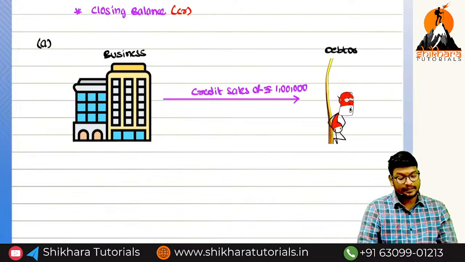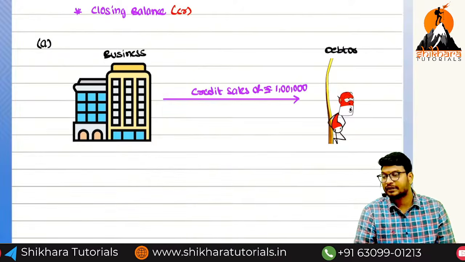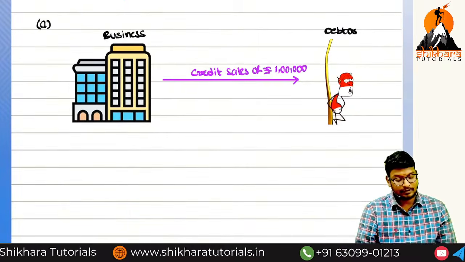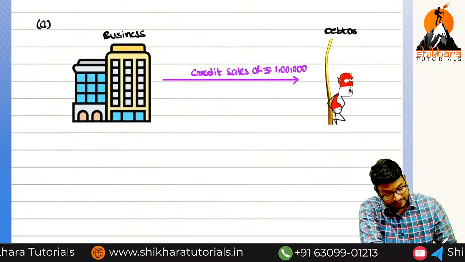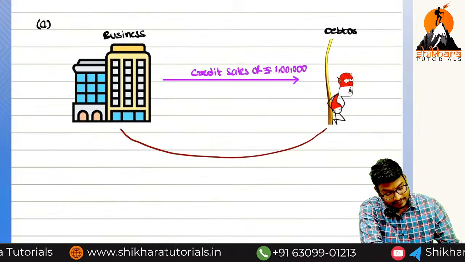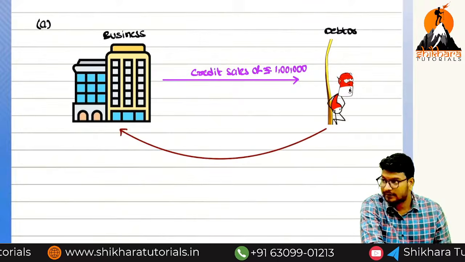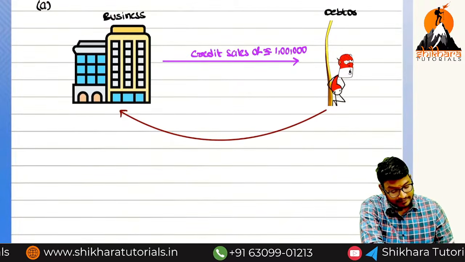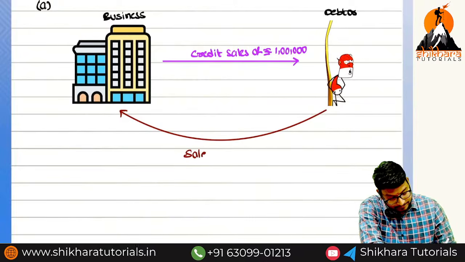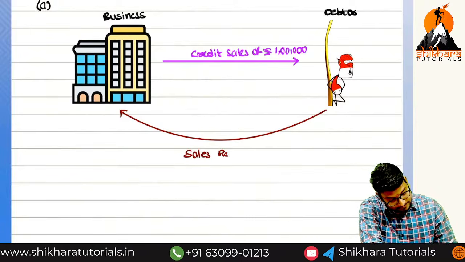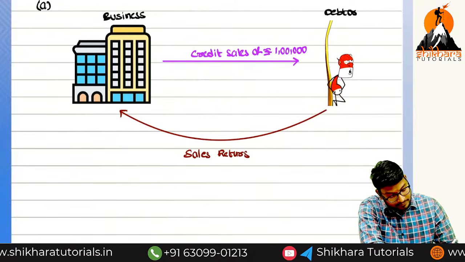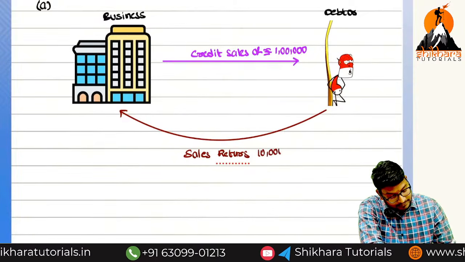After that, he will see whether we have any defective items or not. He has found certain defective items and returned them to us. Nothing but we can call it sales returns. Let me take an example of 10,000.